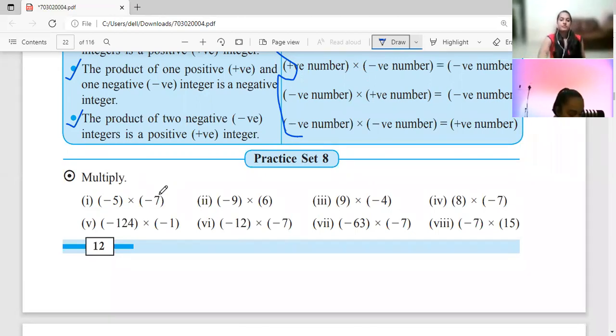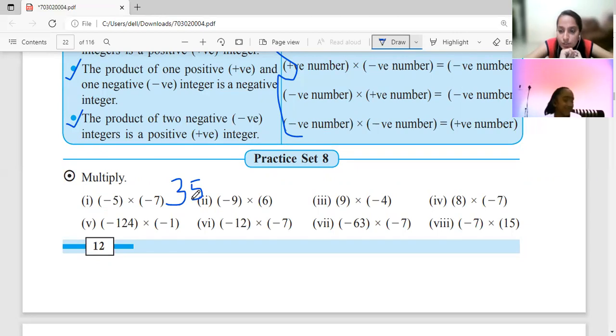आराम से सोच के बताओ. Don't ask your mother about the multiplication. You can multiply yourself. Plus 35. 7 5s are 35. So your answer is going to be plus 35. Very good.